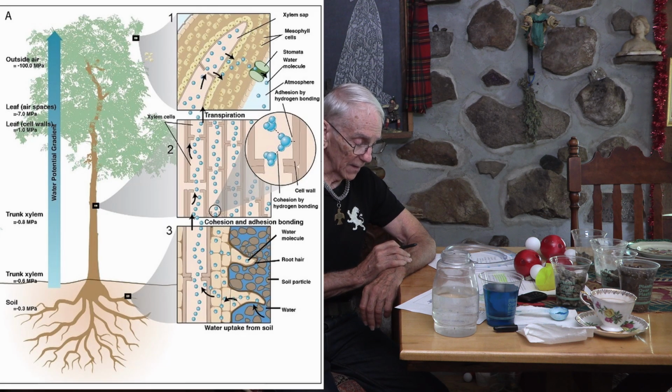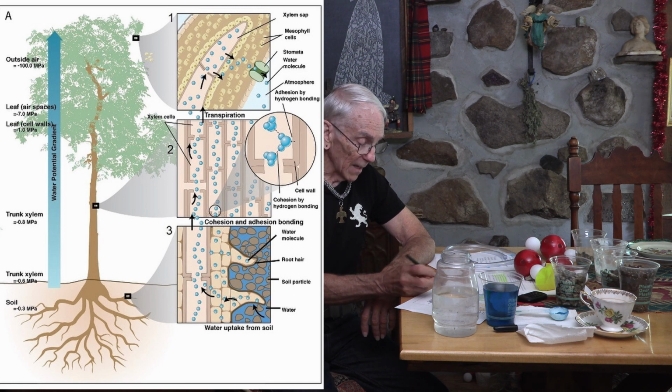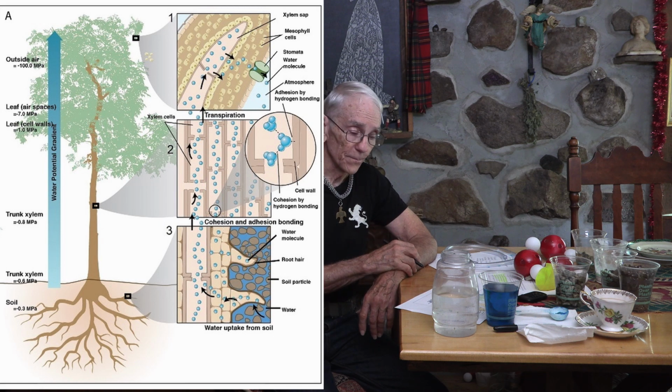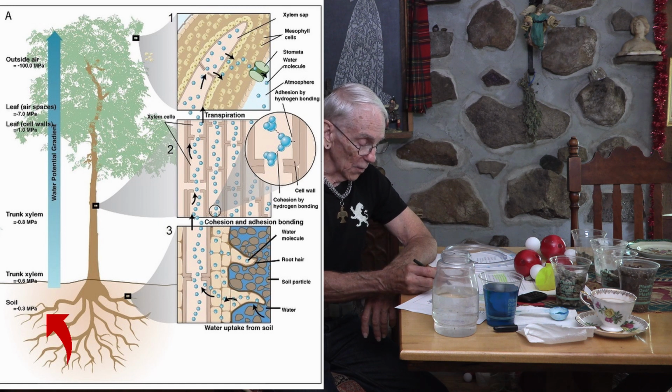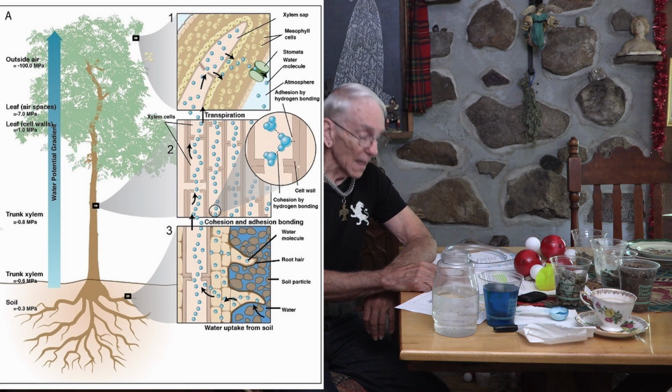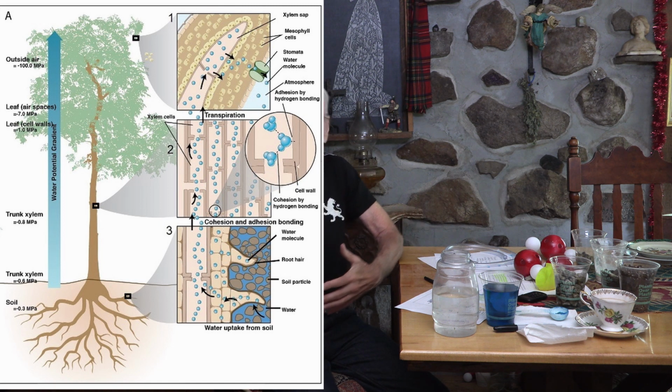So let's start from the bottom of this graphic, down in the bottom right, in the root zone. We have the roots of this tree in the soil, and you'll notice this number that says soil, negative 0.3 megapascals. I actually think that's supposed to be 0.03 megapascals. And just remember, don't worry about megapascals, bars, centibars, kilopascals.